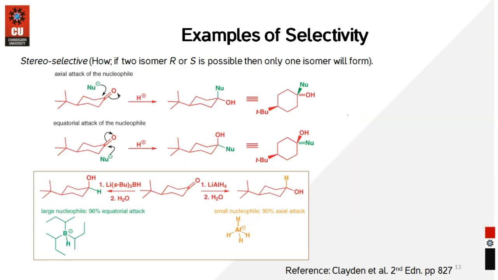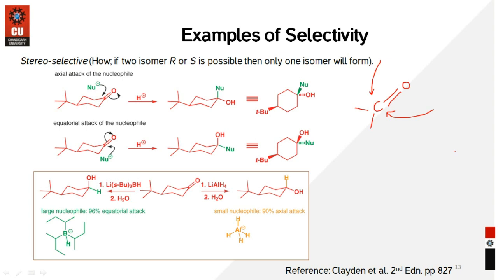So next is selectivity in the attacking site. We have the same reagent, same nucleophile. Now it is important, this is my carbonyl group and it is a rigid system. It can attack upward and it can attack downward. If my reagent attacks upward, then the OH group goes below.